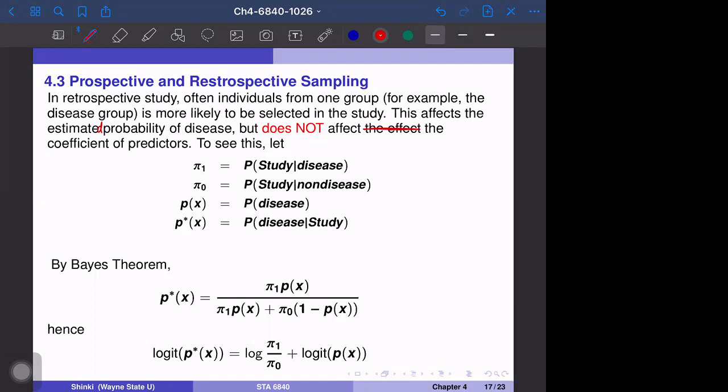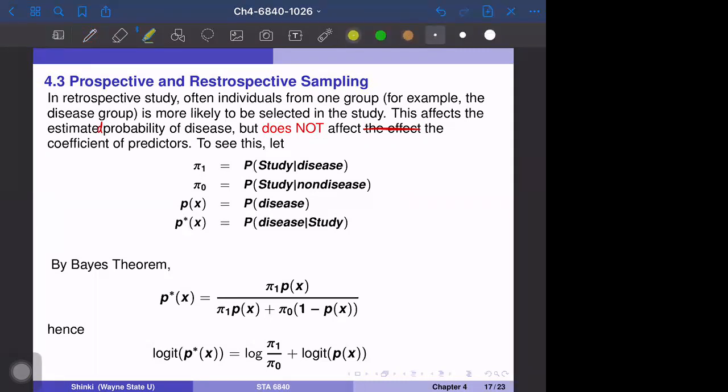So actually, we have a parallel shift. If we have sampled more babies with disease, then the estimated probability gets higher, but the effect of the predictor does not change in this model. We will see this.